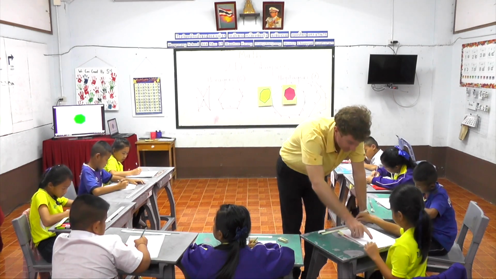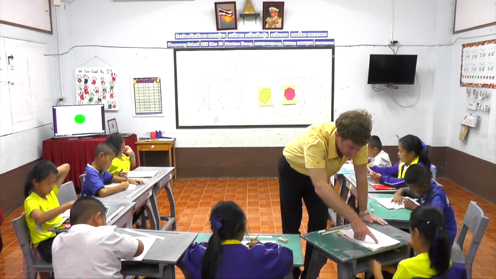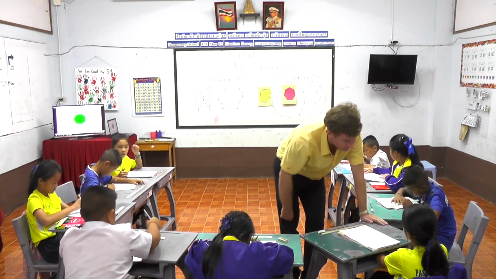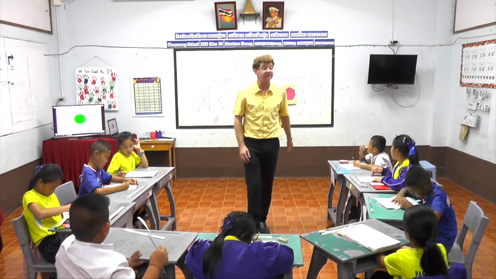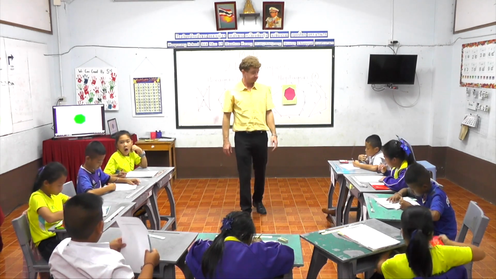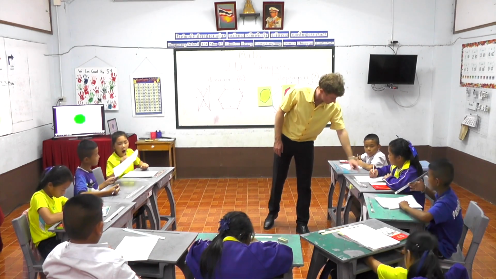Yes, you see. 1, 2, 3, 4, 5, 6, 7. They're all heptagons. They all have 7 sides and 7 corners. Excellent, Lakgao. I like that one. I like the crazy ones. 7 sides.